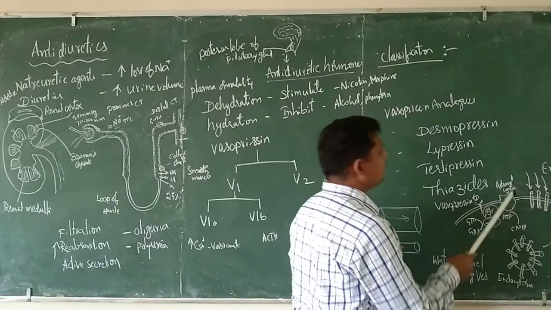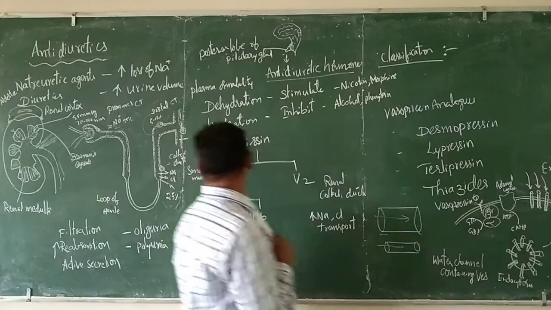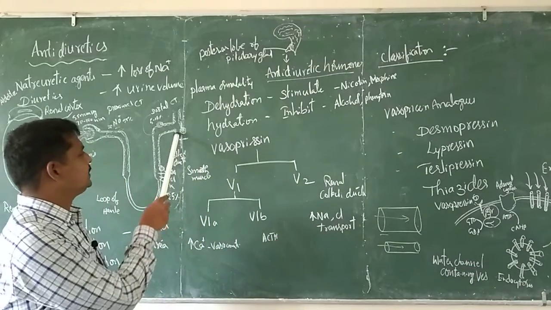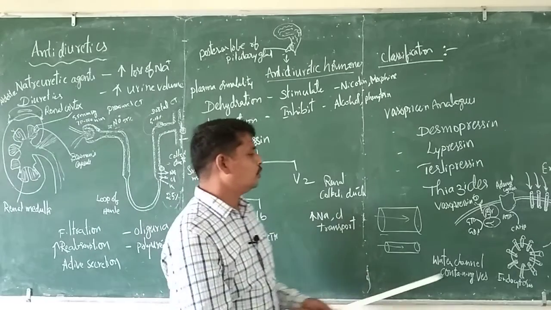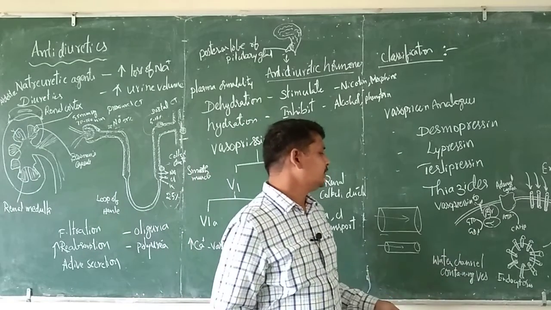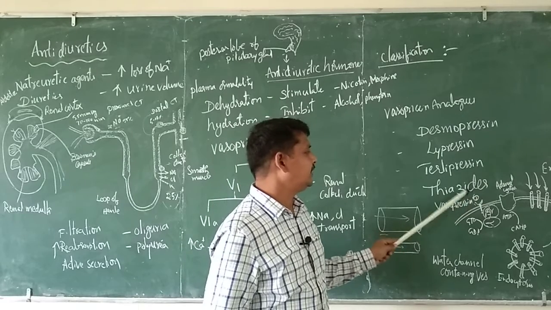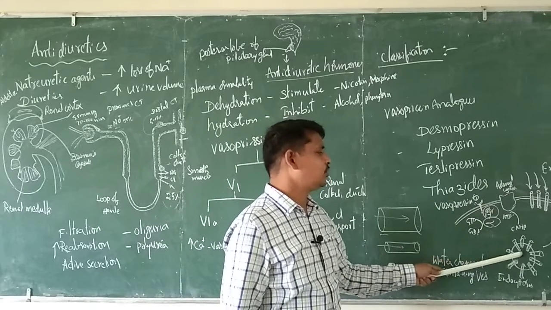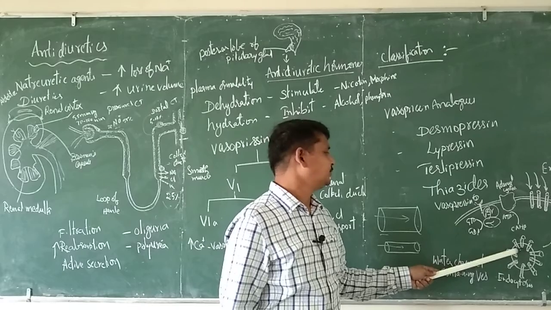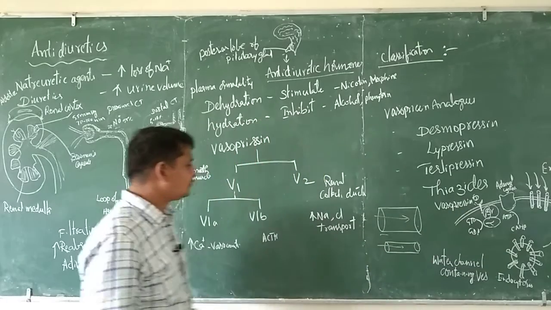That leads to the influx of water into the system. This results in a lower urine volume, because most of the volume is absorbed through the pores, the aquaporins. When vasopressin is not bound to the receptor, there is again endocytosis, and the water channel containing vesicles are present intracellularly. Depending on that, these are adjusted.